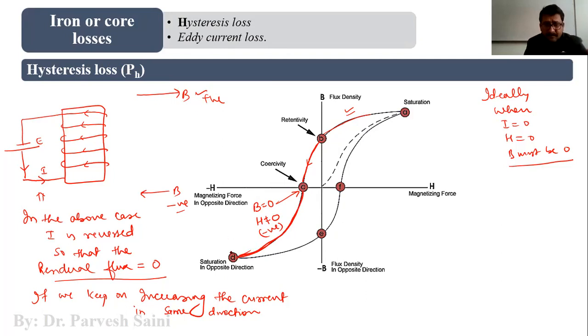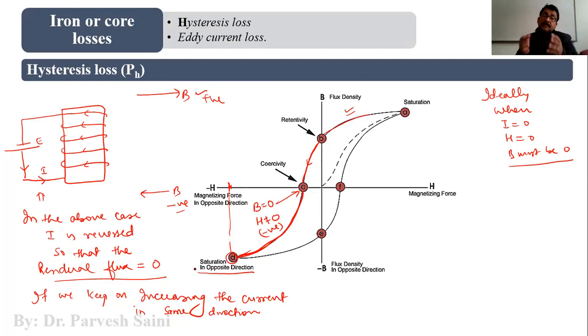Now, at some value of H, your ferromagnetic material will be completely magnetized in the opposite direction, right? So now the saturation will arrive in this direction. Now, once the saturation has come, if again you want to demagnetize the same ferromagnetic material, what you have to do?